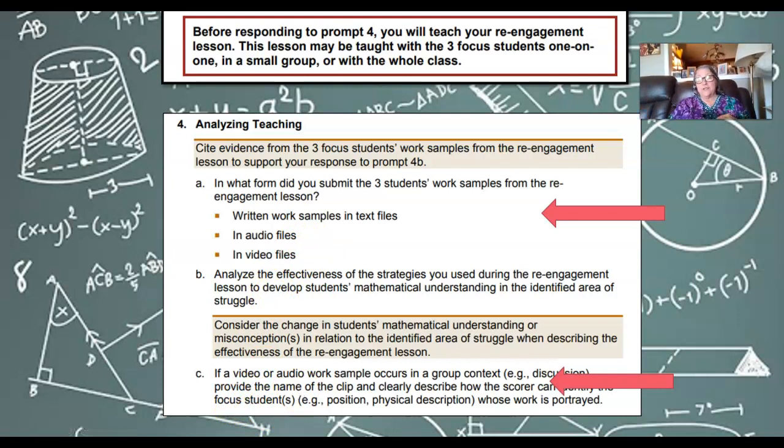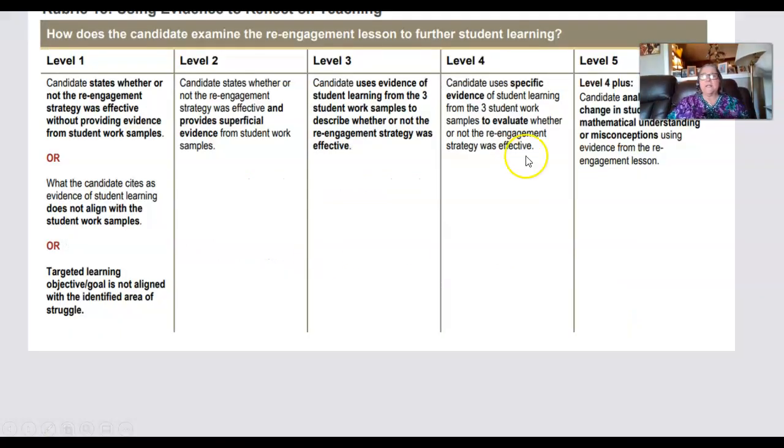Is it the boy in the red shirt, the girl sitting in the back? How do we know? And this is really the meat of how the score is going to score Rubric 18, right here in 4B. So let's take a look at Rubric 18.